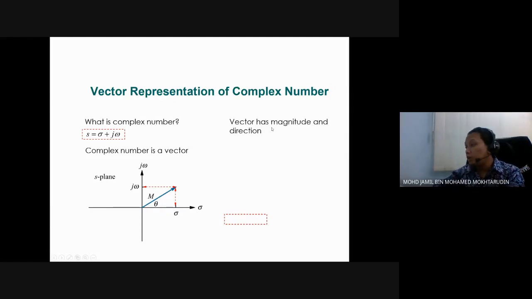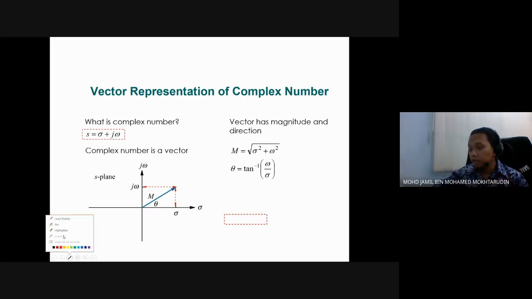A vector also has magnitude and direction. To find the magnitude, M equals the square root of sigma squared plus omega squared. And the angle, you have to remember that it is measured from the real axis. So it is always measured from here to here.